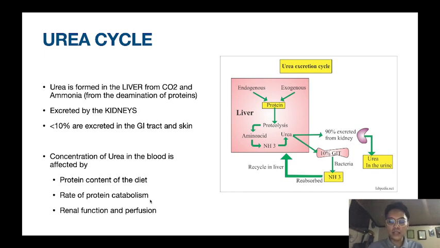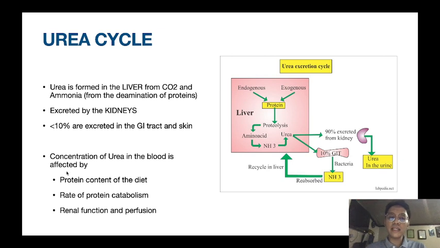When there is severe breakdown of your proteins, for example you are on a drastic diet and you are not eating, your body says, I need energy. So it will use the proteins of your muscles for energy, and your muscles break down. You will have increased urea because there is protein metabolism from the muscles.